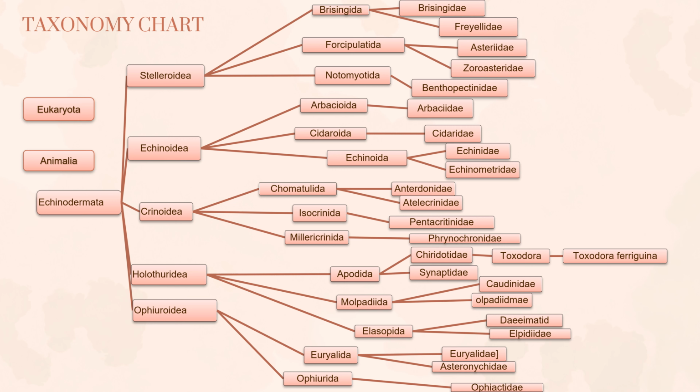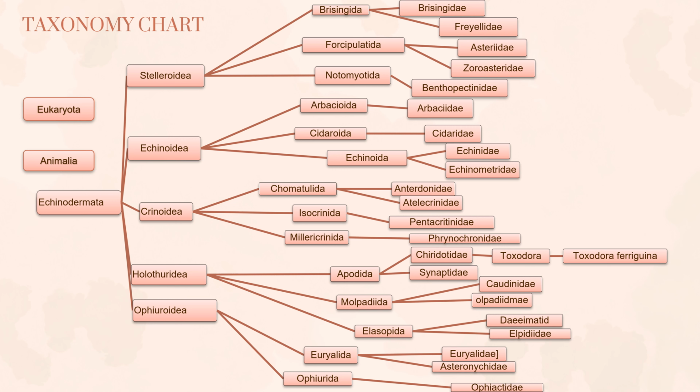Next we proceed with the taxonomy chart. The domain is Eukaryota, the kingdom is Animalia, and the phylum is Echinodermata. Echinodermata is divided into 5 classes: Stelleroidea, Echinoidea, Crinoidea, Holothuroidea, and Ophiuroidea.